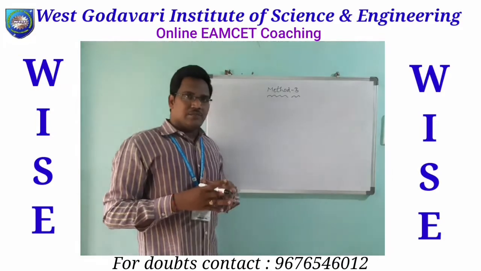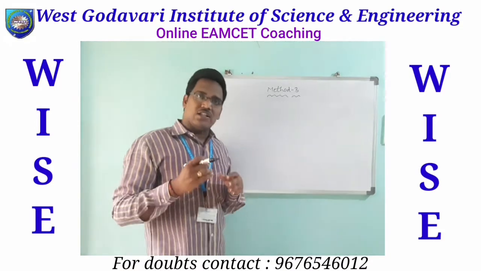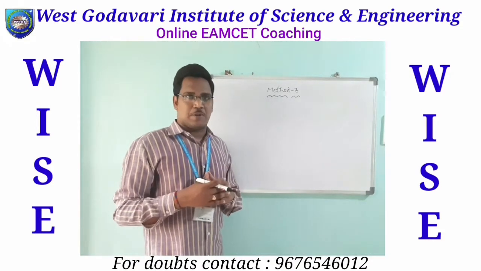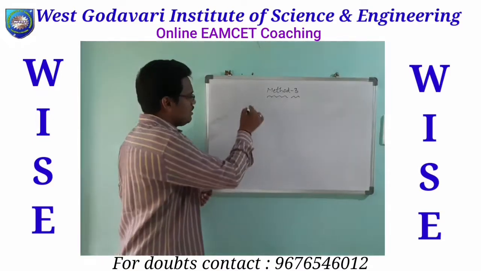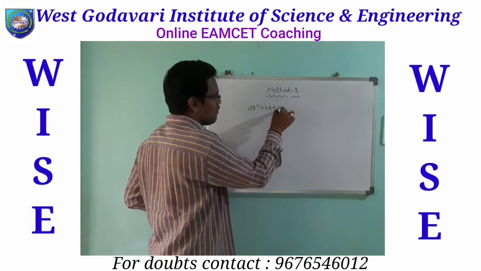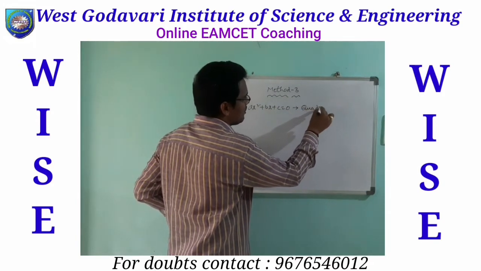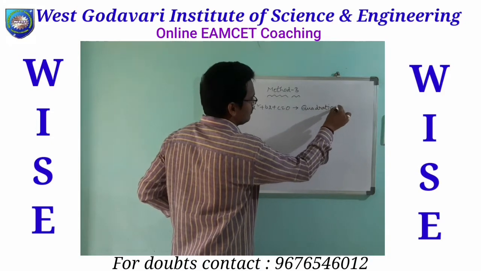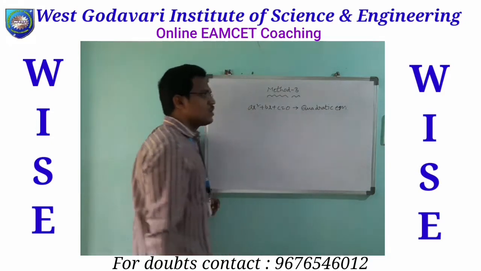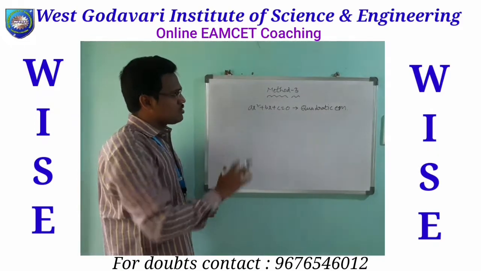In this method, the limit form definitely is in the form of either a quadratic equation or a binomial expression. Quadratic equation means we know ax square plus bx plus c is equal to 0. So this equation is called a quadratic equation. The binomial expression is the same form, where the constant is also there.